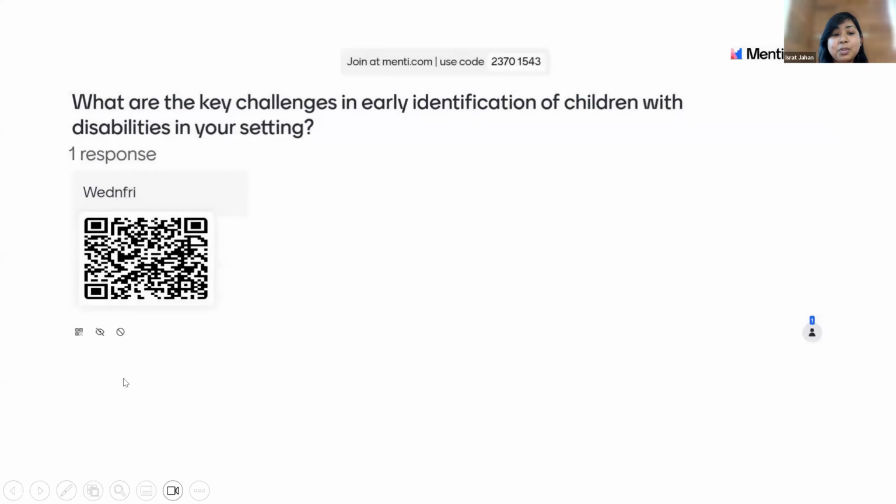Similar to the previous slide, could you please scan this QR code or use this code to send your response to us? Or you could text your response to the chat box. I and my colleagues can put that in here.